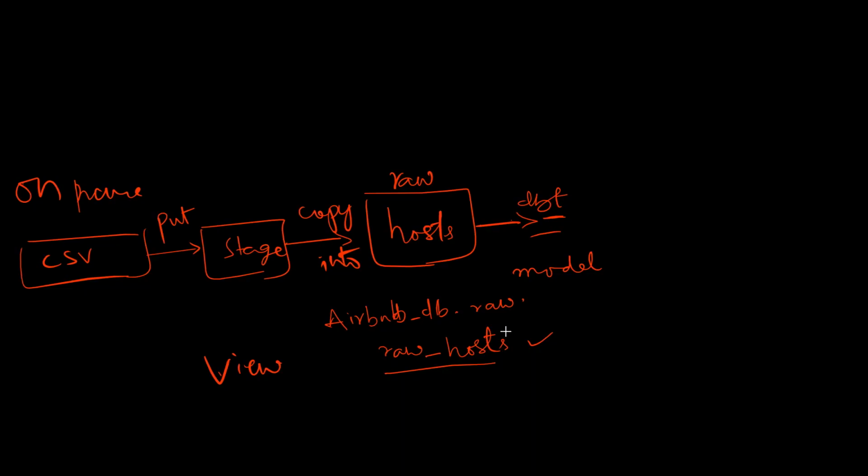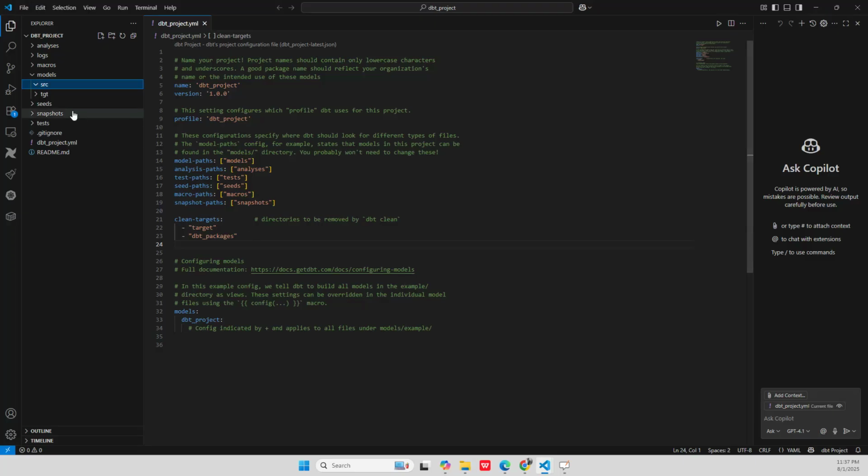For this, this name is very important. With this name, I'm going to create a model. Indirectly, what I'm trying to say is, whatever model name you give, the Snowflake object will be created with the same name. When I say Snowflake object, it will be either a table, a view, or a materialized view.